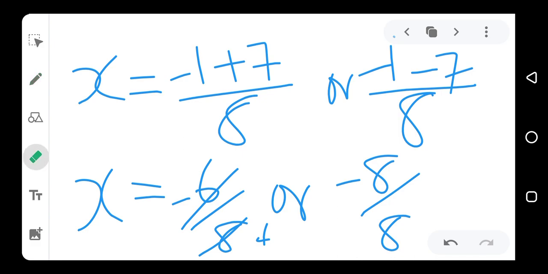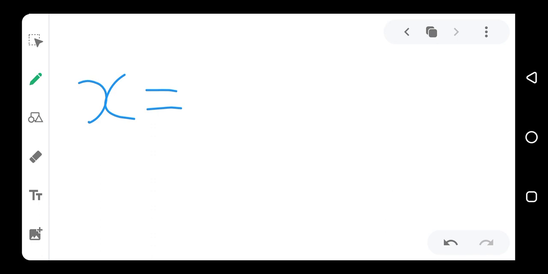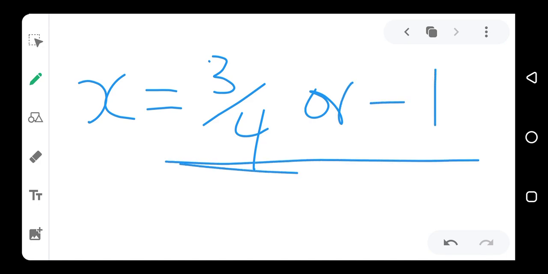So x is equal to 3 over 4, or minus 8 divided by 8, which gives us minus 1. So the final value is 3 over 4 or minus 1. These are the values of x and the final answer.